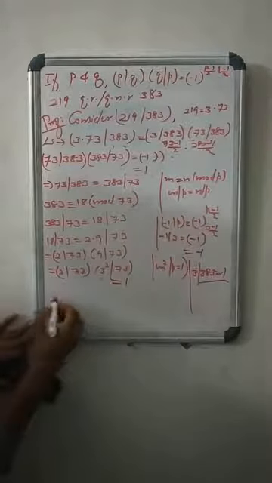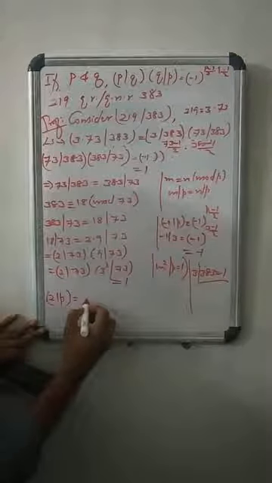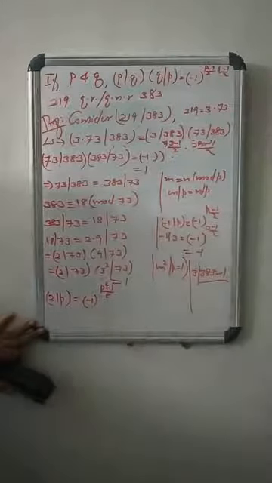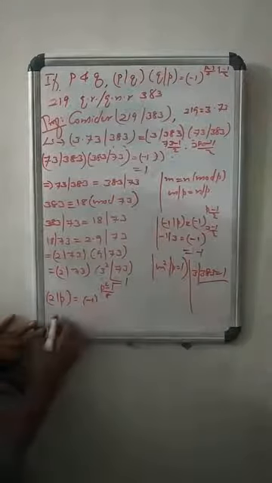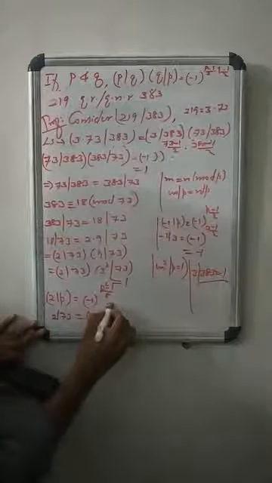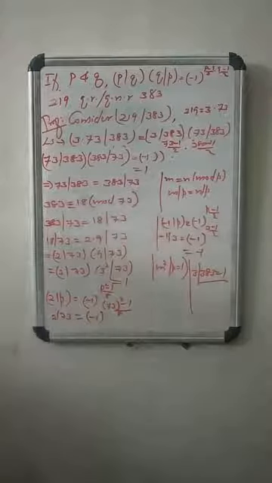What is (2/73)? The evaluation of (2/p) is (-1)^((p²-1)/8). So (2/73) is (-1)^((73²-1)/8).